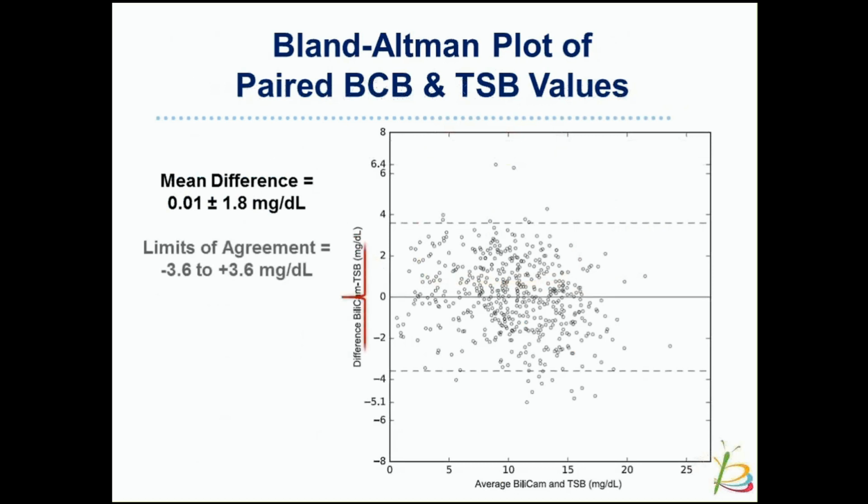And the dashed horizontal lines are the limits of agreement, or the 95% confidence interval, or 2 standard deviations from the mean. That is minus 3.6 to positive 3.6 milligrams per deciliter.